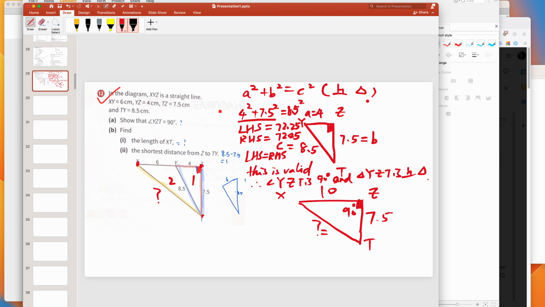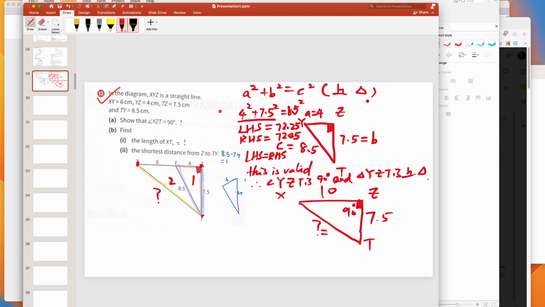You can manage with your brain. So what's the value of c? So c squared equals to this 156.25.